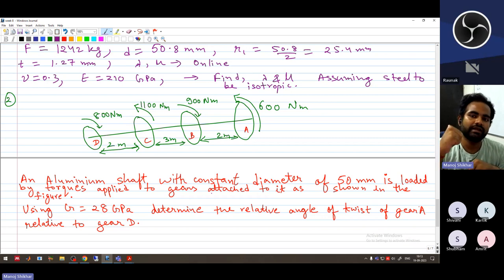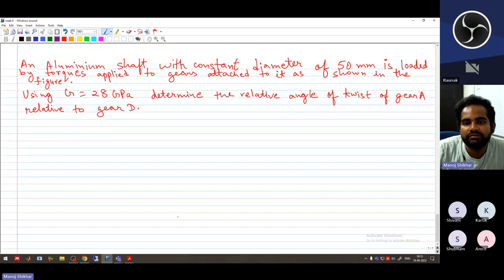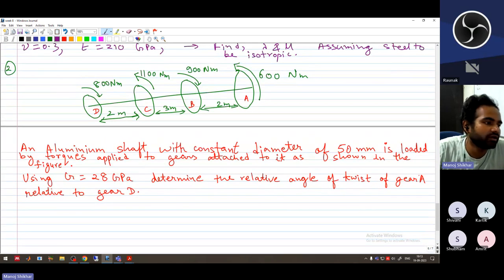If I turn my right hand and the direction of torque is coming in the direction of this thumb, I will take it as positive. So the first torque, which is acting on gear D, is 800 newton meter in clockwise direction. So it is minus 800 in my torque diagram.